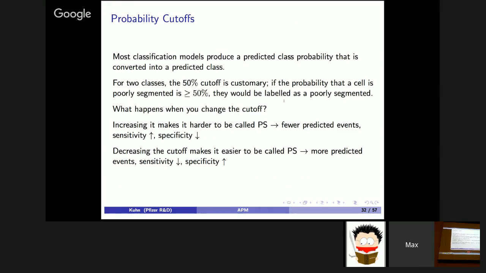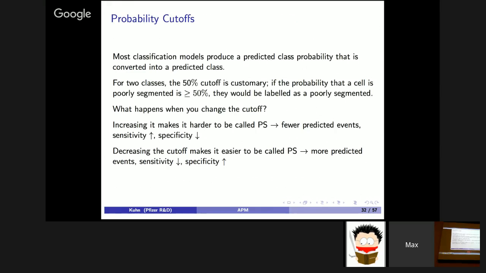If we say, okay, it has to be 75% now for me to call it a poorly segmented cell, you get fewer predicted events, fewer predicted positives. If it's harder to call something a positive, typically your specificity goes up, because you have fewer false positives.